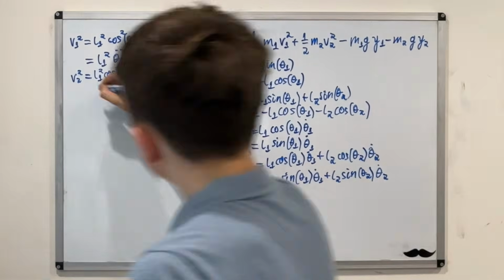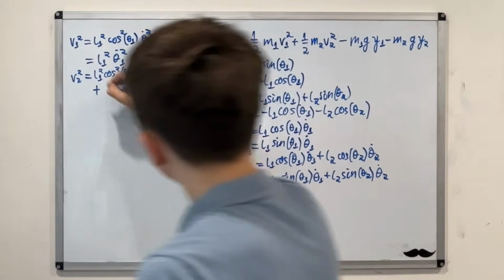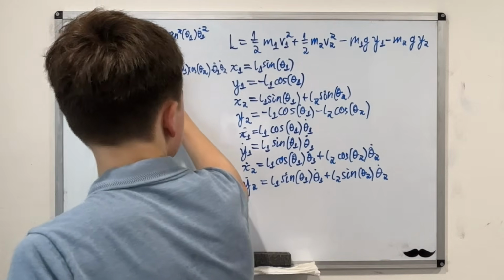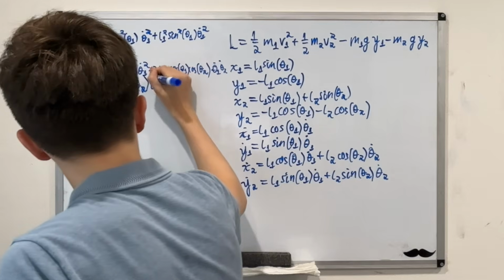And then we have the last term. We have L2 squared cosine squared theta 2 dot squared.